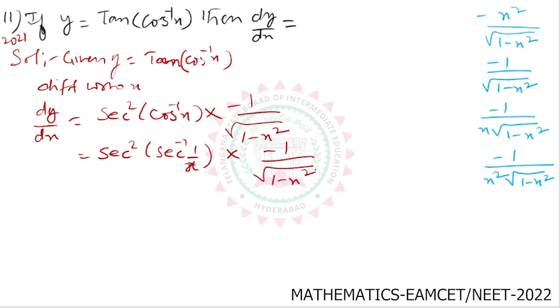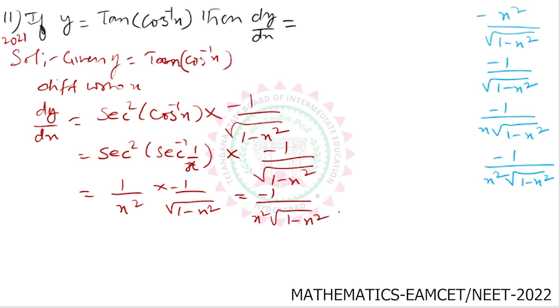So sec of sec inverse of 1 by x is nothing but x. So it becomes 1 by x square into minus 1 by root of 1 minus x square, which gives me minus 1 by x square into root of 1 minus x square. So which option?